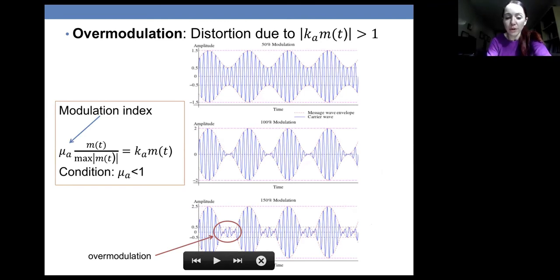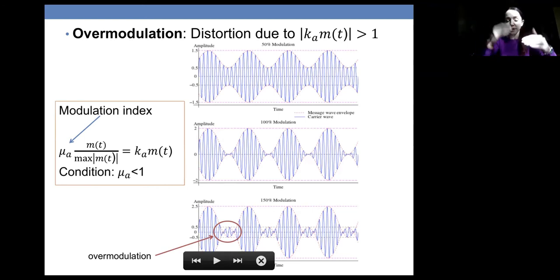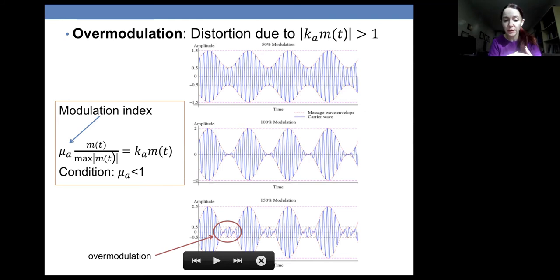An example is here. The bottom curve is an example of overmodulation. The positive and negative envelopes sort of interfere, and the resulting modulated carrier does not have an envelope that looks like the message signal.